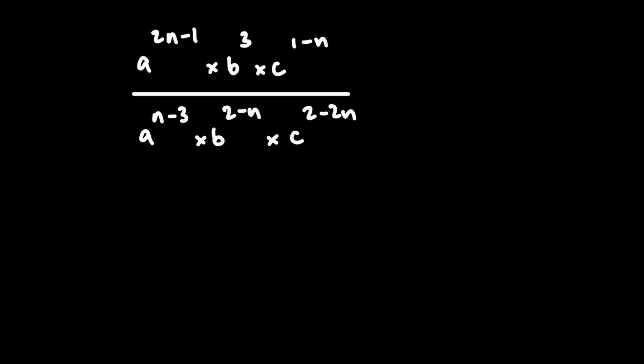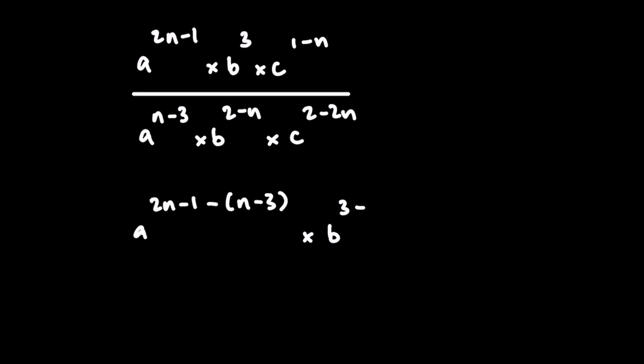So let's do that. We're going to do a to the power of 2n take 1 minus n take 3. And I'm going to leave it like this for now, just so it helps you visualize. Then we can do times b, and we can do to the power of 3 minus the indice on the denominator.